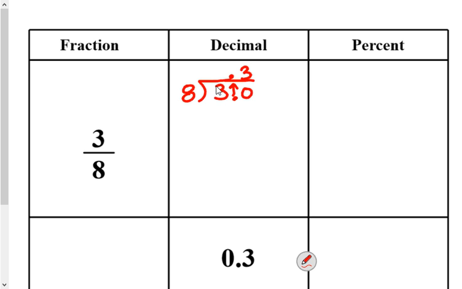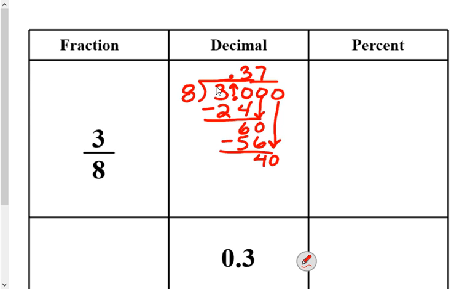We're going to get 375 thousandths. So 3/8 equals 375 thousandths.